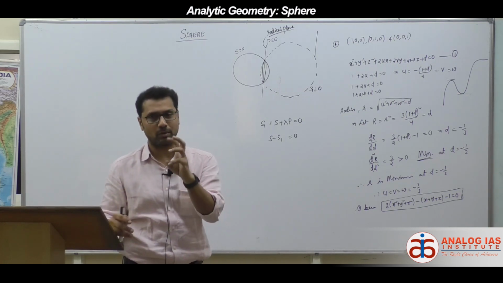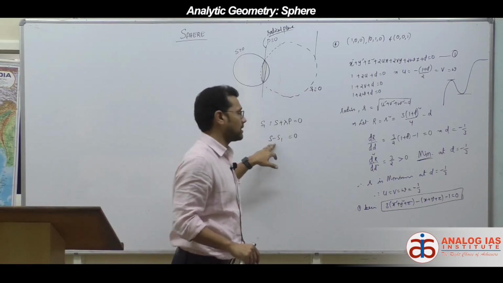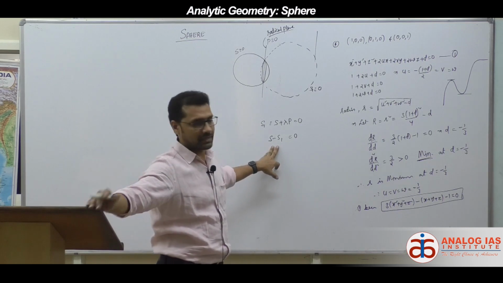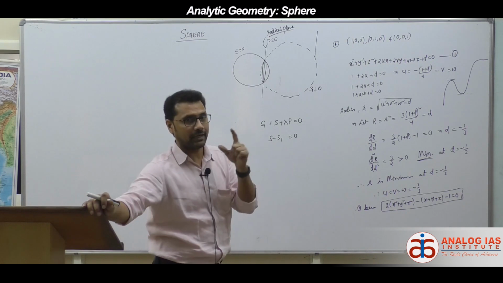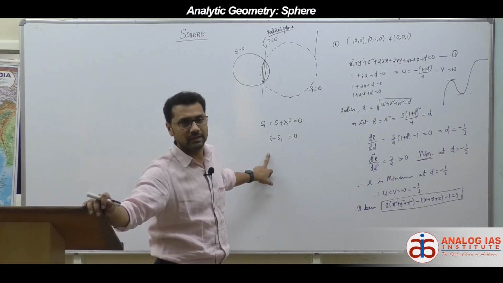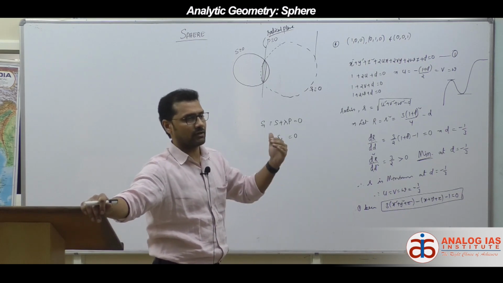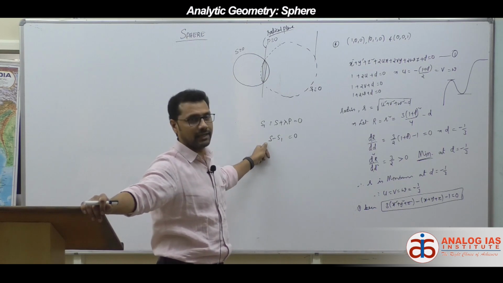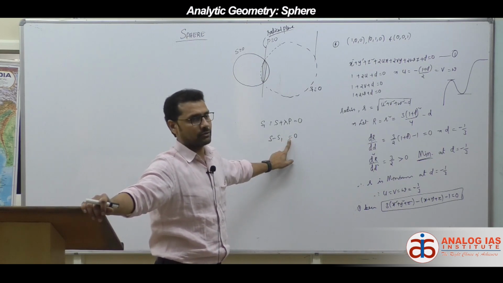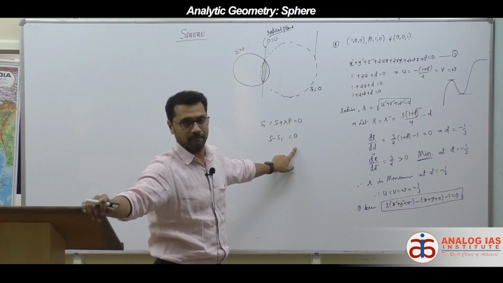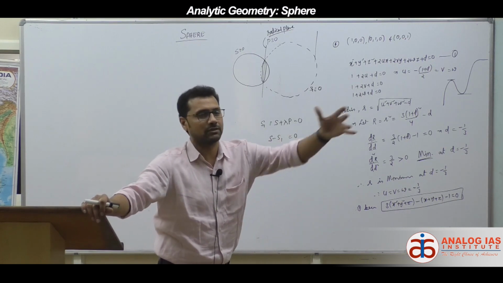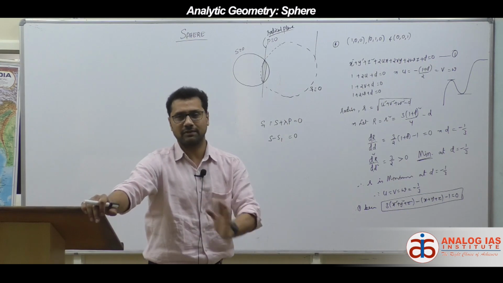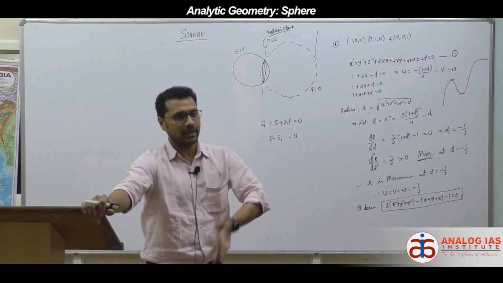Both the surfaces' common points will always be in some surface. That surface is given by the difference between these two surfaces. While taking the difference between these two surfaces, ensure that the coefficients of x square, y square, z square of one sphere are equal to the coefficients of x square, y square, z square of the other sphere. Because for one of them it is 2x square plus 2y square plus 2z square plus so and so. Other is x square plus y square plus z square. If you take the difference, again you will get another sphere.